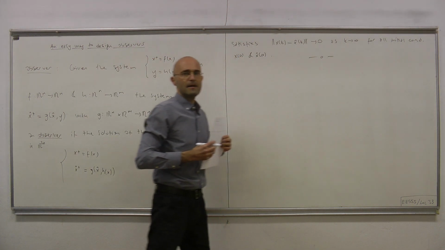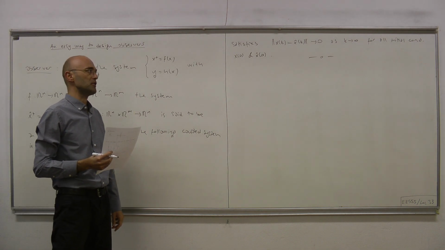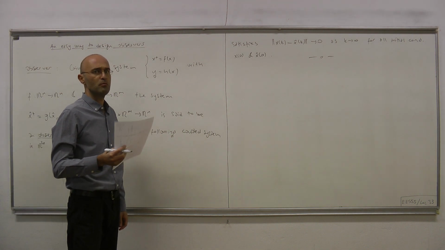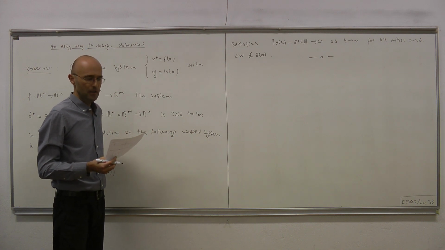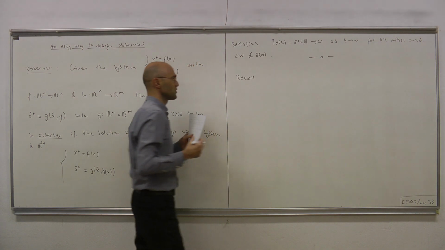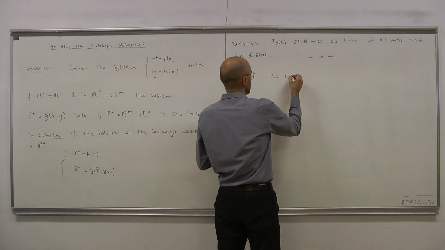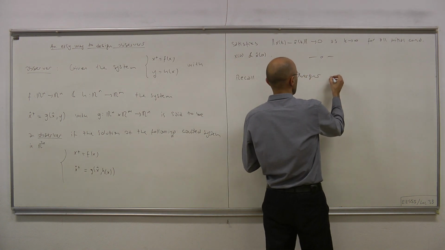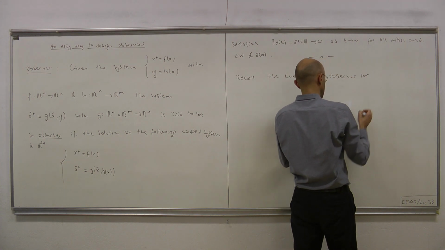The most widely used observer construction, if it's possible to use it, is the Luenberger observer, which is applicable to linear systems. So let's remember that construction. We call it the Luenberger observer for linear systems.